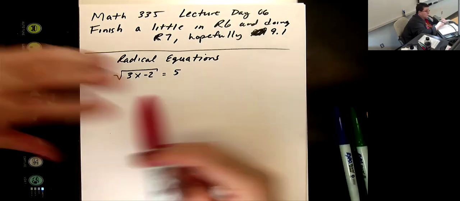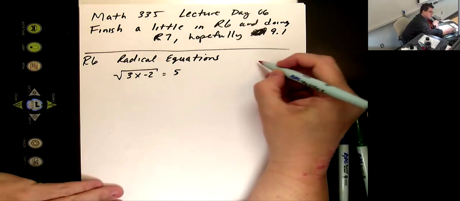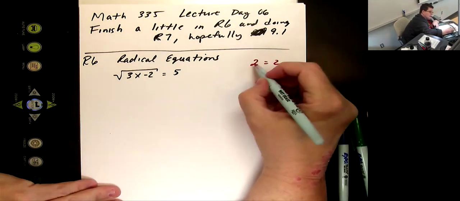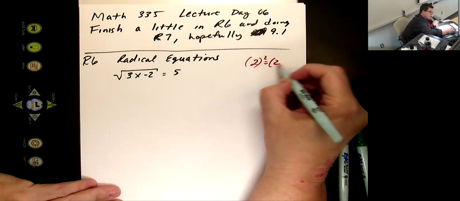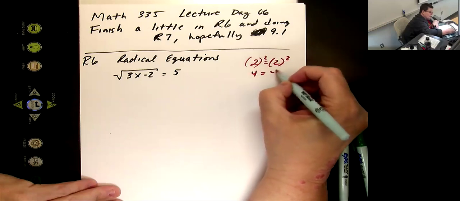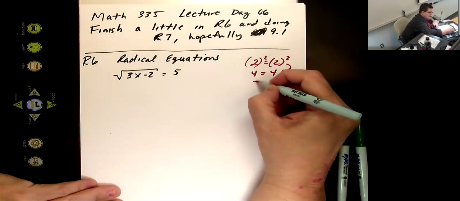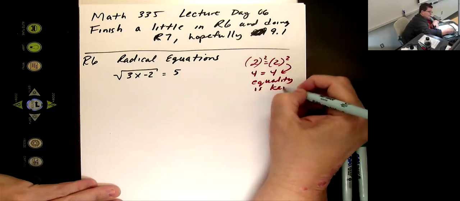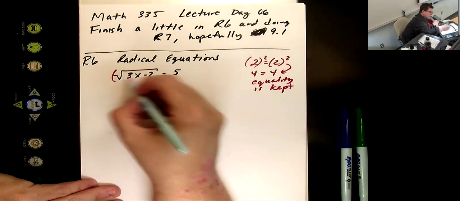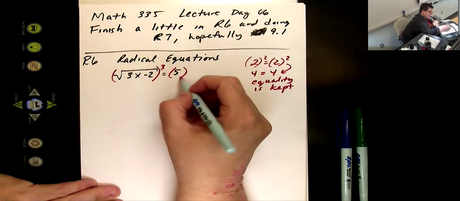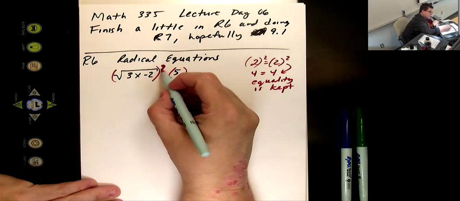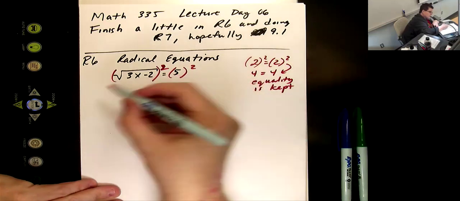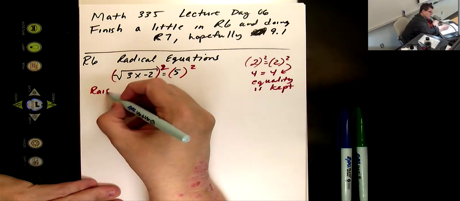That's what we want to do. Just like if we said 2 equals 2 and then I squared both sides, I'd have 4 equals 4. Equality is maintained, it's kept. So that's what we're going to do here because it clears the radical. So raise it to the power that clears the radical.